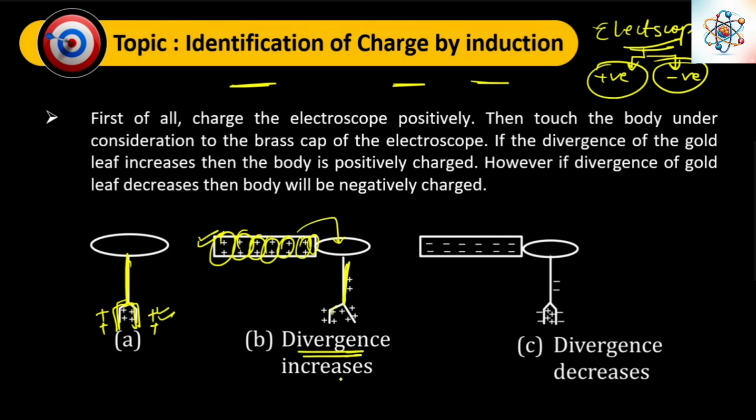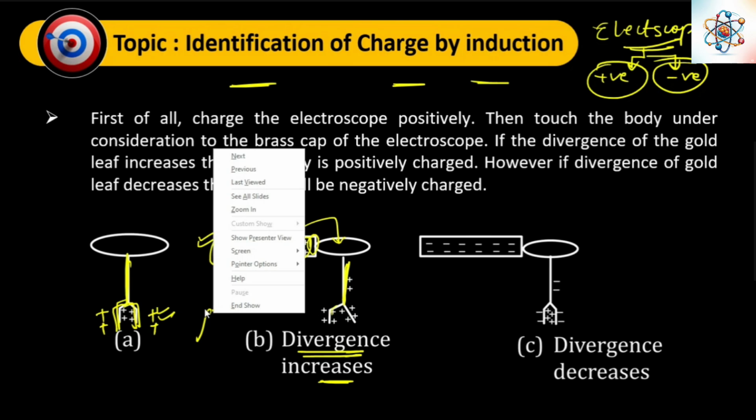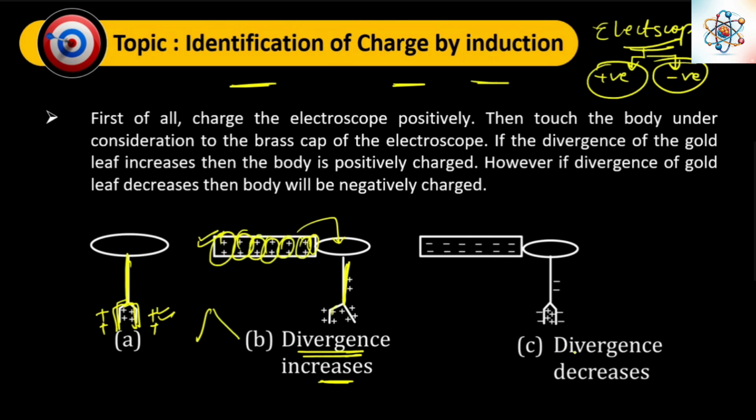So divergence increases in this case between the strips, and they are supposed to be farther from each other. Whereas when a negatively charged body is brought, they are supposed to be closer because of the negative charge. It neutralizes this positive charge and they become close to each other. While in the positive charge case, they separate, which makes it easy to clarify whether the object is positively charged or negatively charged.